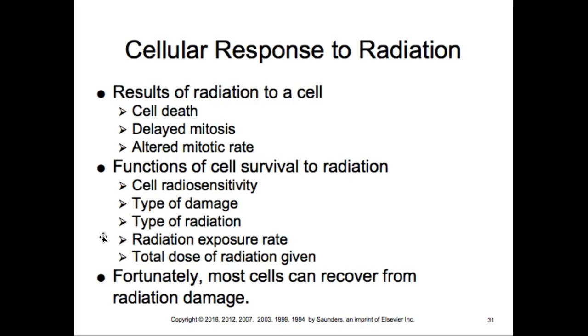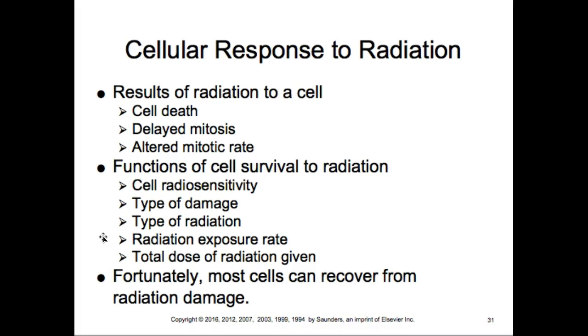So cellular response to radiation: when a cell is irradiated, it can die, it can delay mitosis, or it can alter the mitotic rate. So cell survival after radiation depends on the cell's radiosensitivity, the type of damage, the type of radiation, the radiation exposure rate. Are we doing it every day, or do you just get one big huge blast of radiation, and the total dose of radiation given?